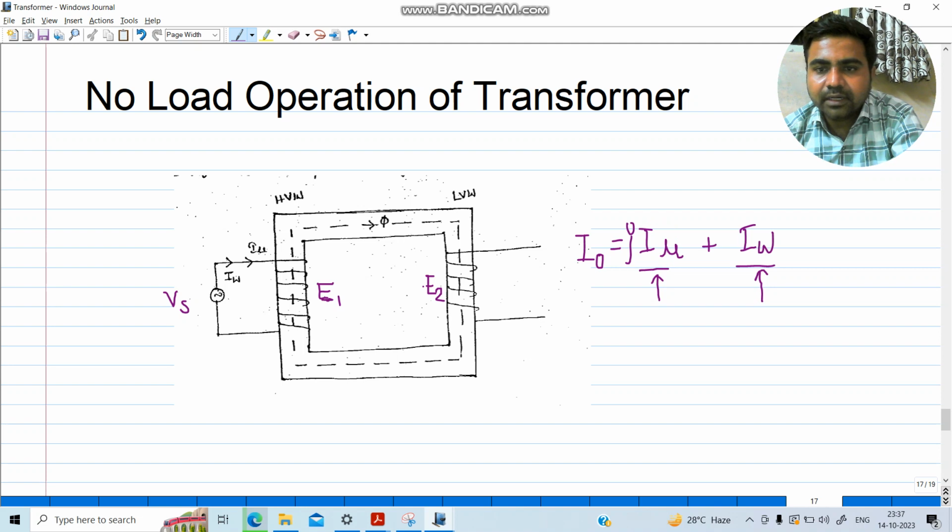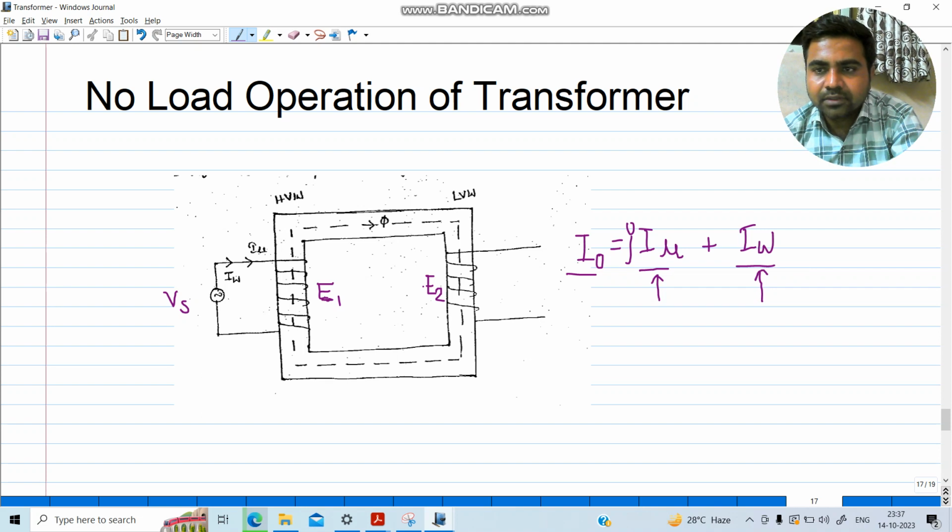Now we can categorize this particular current into two parts. The working current is the one drawn by a transformer to supply the losses. Losses in the transformer include eddy current losses and hysteresis losses.